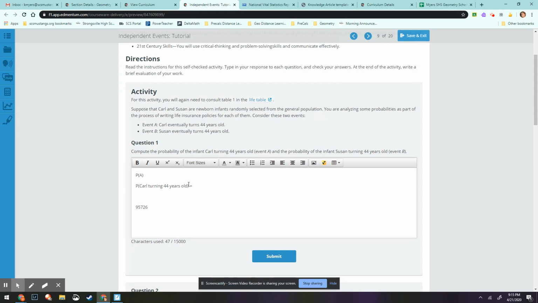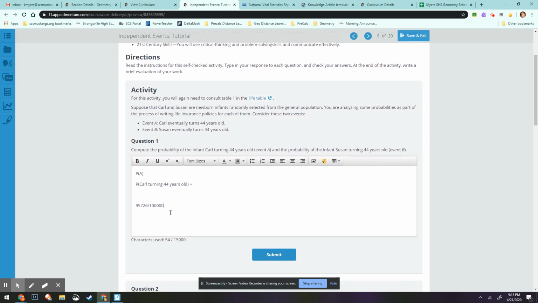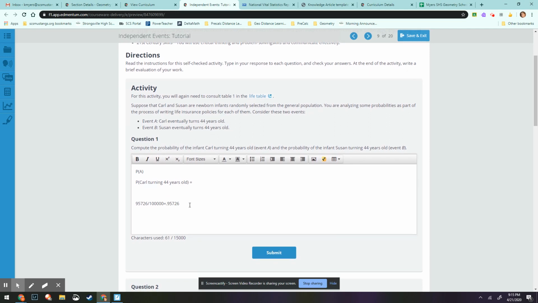To figure out what that probability is, we're going to divide by that original number, which is 100,000. If you use your handy dandy calculator and work that out, you will get 0.95726 as the probability of Carl turning 44 years of age.